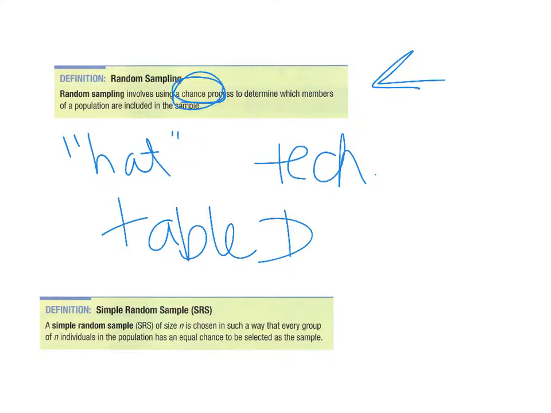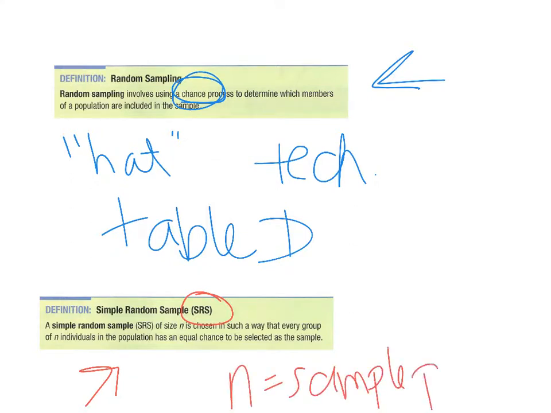And a lot of times we use what we call a simple random sample, which is abbreviated here as SRS. And so we get a sample size n. You'll see n when we get into our formula charts more. n represents the sample size.